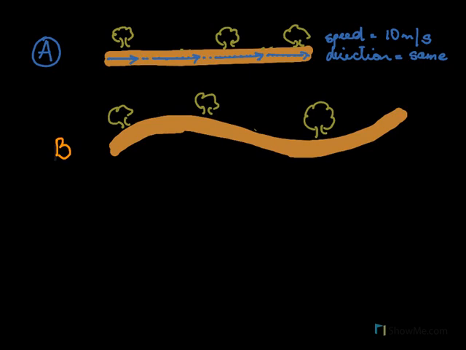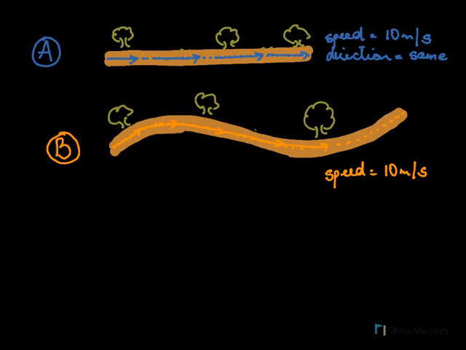But next I take up a body B. Now this body B is also moving with the same speed of 10 meters per second. But as it is moving along this path, it keeps changing its direction. So for body B, the speed is 10 meters per second. It maintains the same speed, but as it moves, the direction keeps changing.